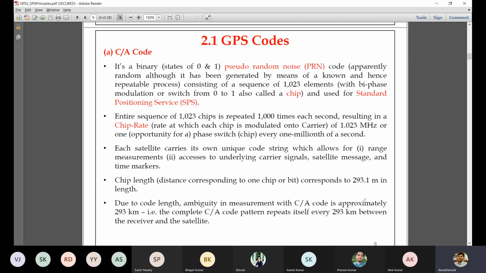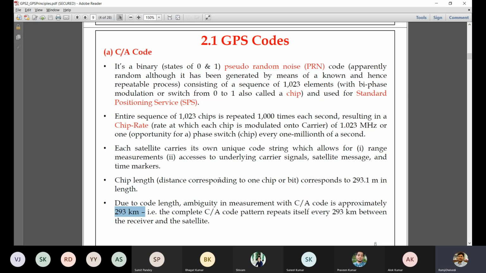Look, here it is 293.1 meters, but as soon as you multiply it by 1000, because this is about one chip, the chip length, that is one chip corresponds to this, but the whole sequence is 1023 chips. So when you multiply this by 1000, you reach approximately 293 kilometers, because in 1 kilometer you have 1000 meters. So due to code length, ambiguity with CA code is approximately 293 kilometers.